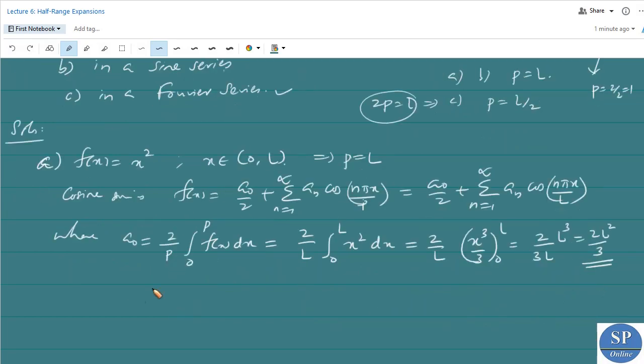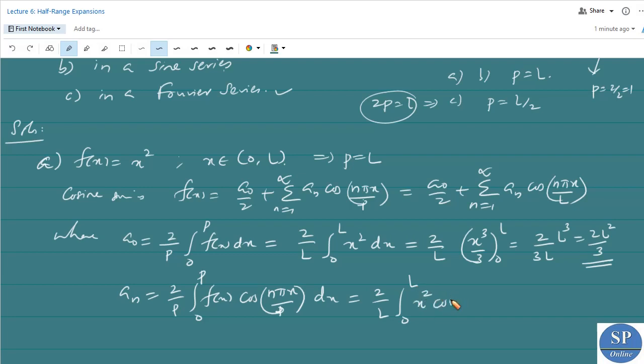Now an is equal to 2 by p integral 0 to p f of x cos n pi x by p dx, but we have p equal to L, therefore 2 by L into integral 0 to L, f of x is x square, into cos n pi x by L dx.